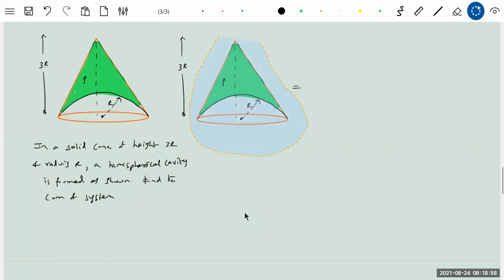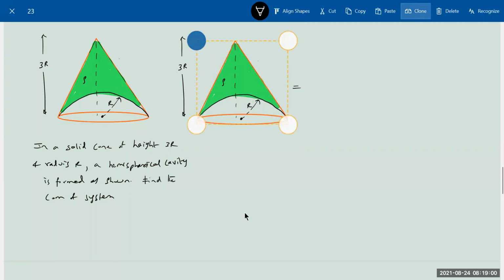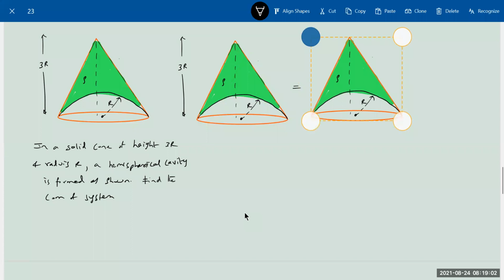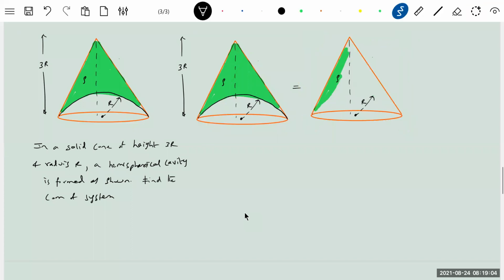Let me adjust this structure. It is not coming, okay. Everything is a solid. It's a solid cone. Now I am going to remove a solid hemispherical region in this. Then it will become a solid cone with hemispherical cavity.